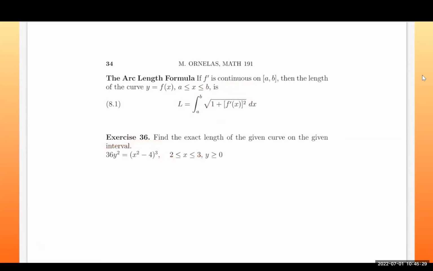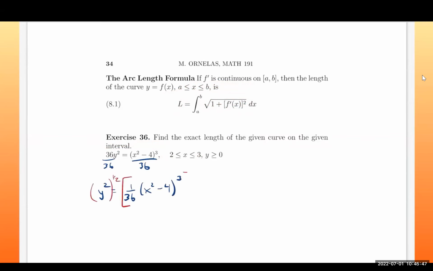For this first example, we need to find the exact length of this curve between 2 and 3. So let's solve for y first. We can do that by dividing by 36. We get y squared equals 1 over 36 times x squared minus 4 to the third.